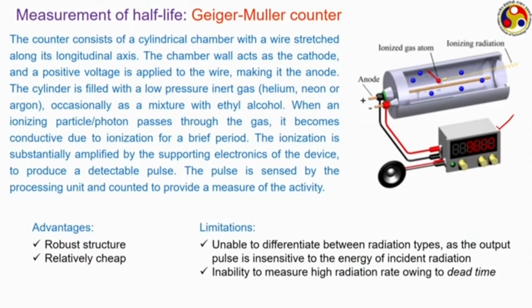And secondly, inability to measure high radiation rate owing to dead time. Now, once the tube undergoes one set of actuation, it requires some time to recover, and that time is referred to as the dead time. So, when the radiation rate is very high, it will not be of any value.